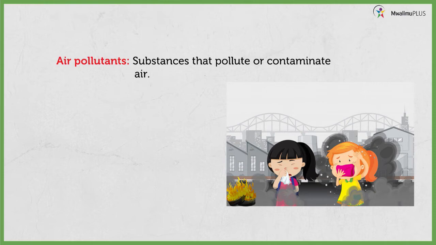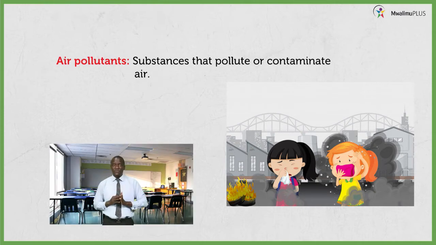Another one is perfumes. Like if you apply the strong perfumes, then you will be polluting the environment. Another one, smoke from any form, be it from the factory, even from the cigarette. We can also have even pollen grains and dust. All those pollute the environment.